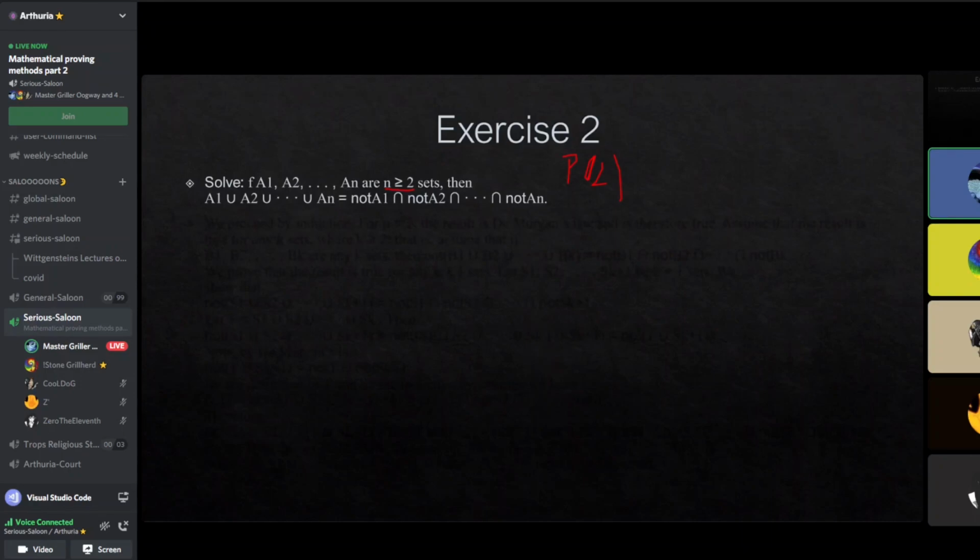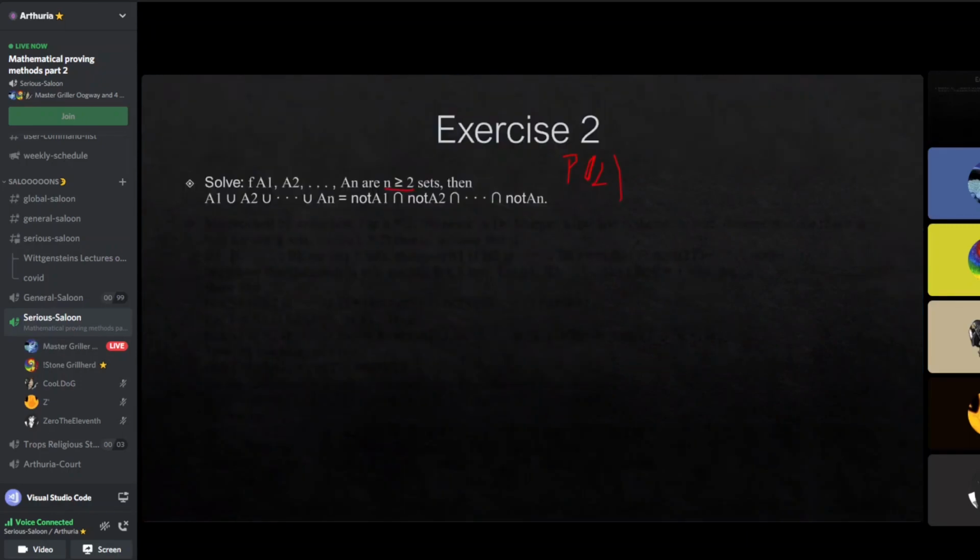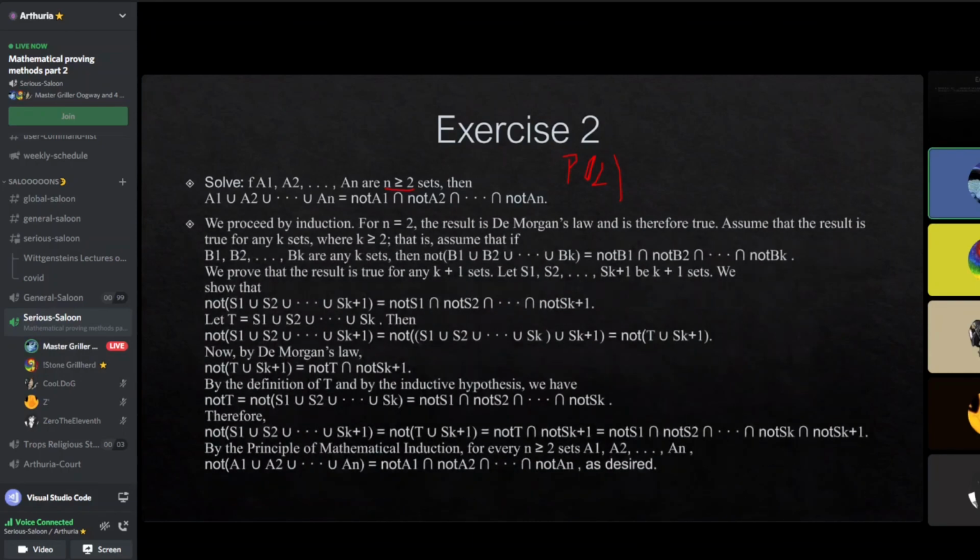We're assuming that it follows for some Pk. Of course, k must be an integer greater or equal to 2. And then we show by induction that the induction hypothesis is true. This is how it looks.